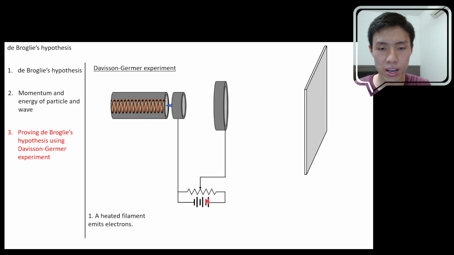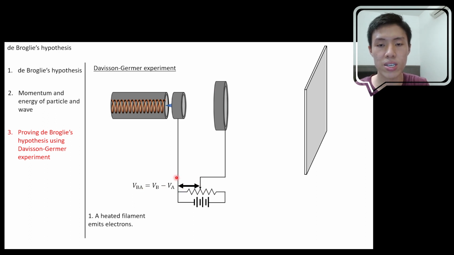The right hand electrode is the positive electrode because it's connected to the positive terminal, whereas the left electrode is connected to be the negative electrode. In between these two electrodes, there's going to be a potential difference, because you're applying a potential difference, which is VB minus VA.